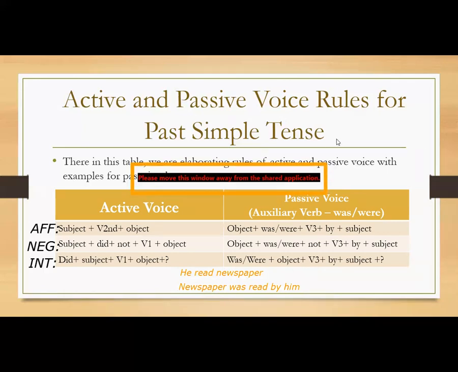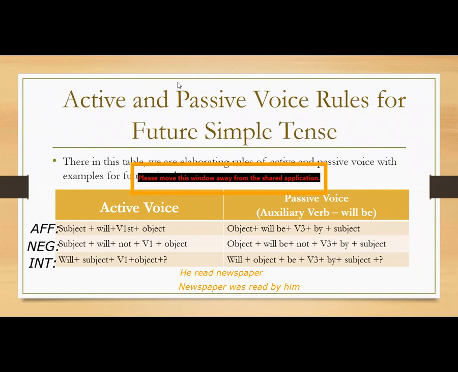Moving towards the future simple. The future simple auxiliary passive helping verbs are will be. So let us change this sentence into will be.